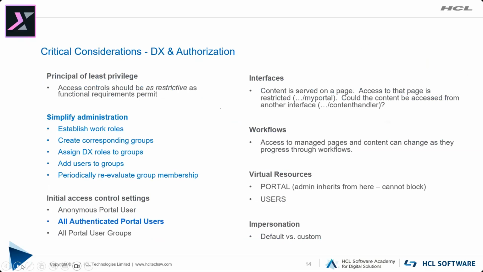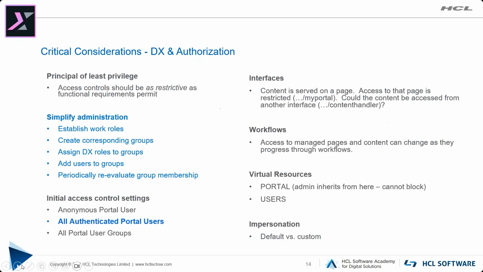I'll have a graphic that'll explain that a little bit better later. Then we add the users to groups. That's a very convenient way to administer authorization within the product.